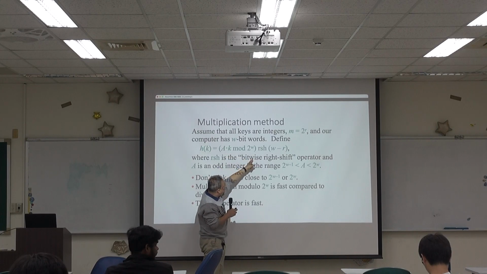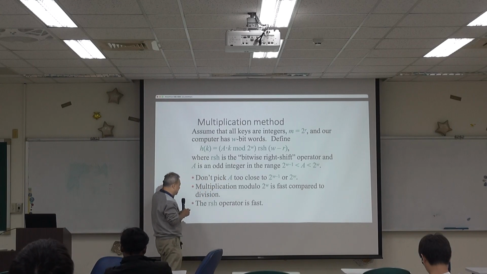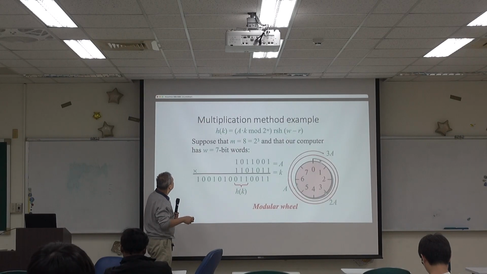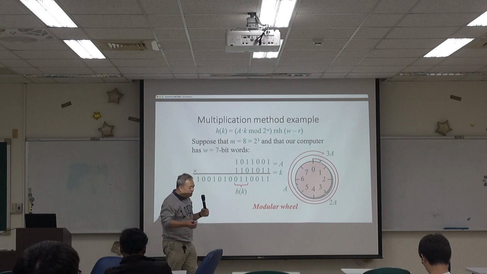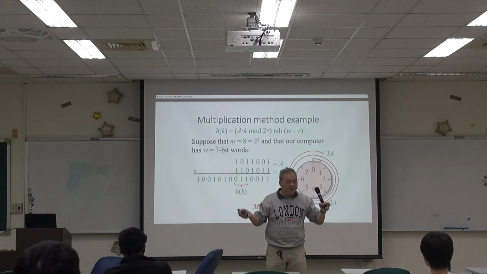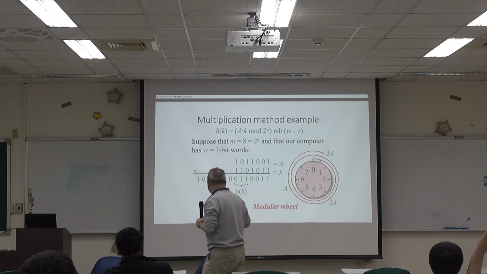And then what is RSH w minus r? Let me use an example. Suppose M is 8. So your table size is 2 to the power of 3.